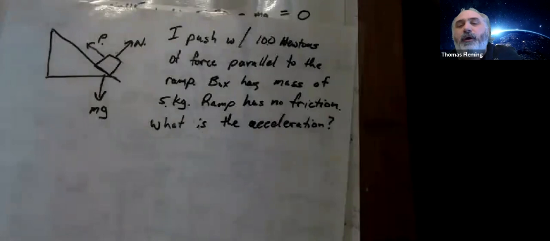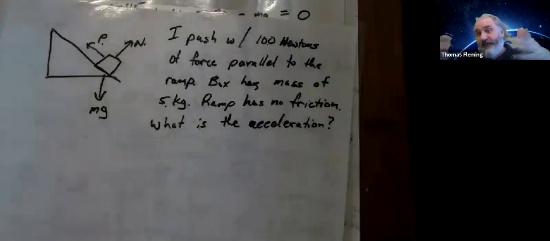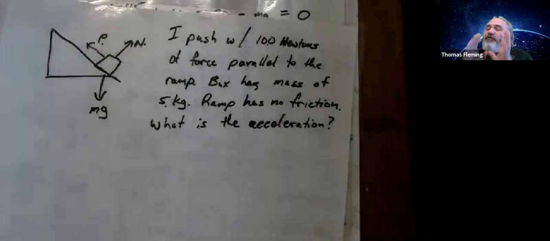Do you. If you want to the right to be positive and the left to be negative, that's cool. But if you'd rather have left be negative and right be positive, that's also cool. As long as you're consistent, you can pick whatever coordinate system you want, and you'll always get the right answer. It doesn't matter. It's just that sometimes some coordinate systems make your life easier than others.